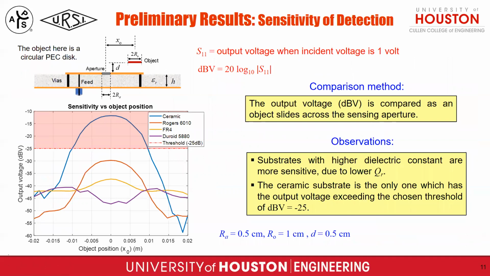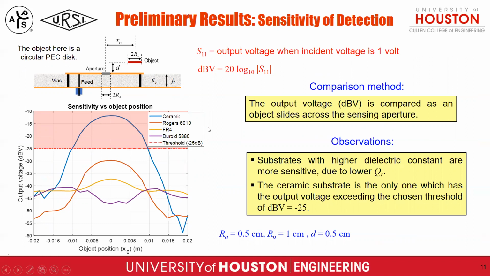Here we show some preliminary results. The first one is sensitivity of detection. As I mentioned before, we just move the object from left to right, and we keep this vertical distance fixed.